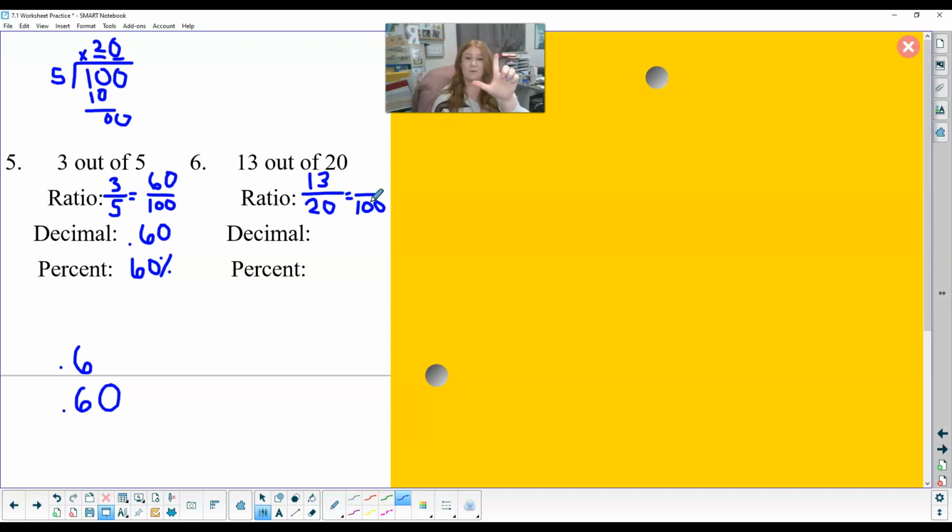So 20, 40, 60, 80, 100. So it went in there 5 times. So to get from 20 to 100, I times by 5. So now we need to take 13 times 5 and do that. And that's going to be our other part of our ratio. Then I can take that and turn it into a decimal and a percent. So go ahead and finish up that problem there.